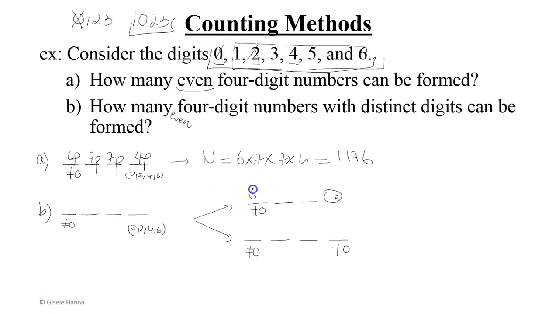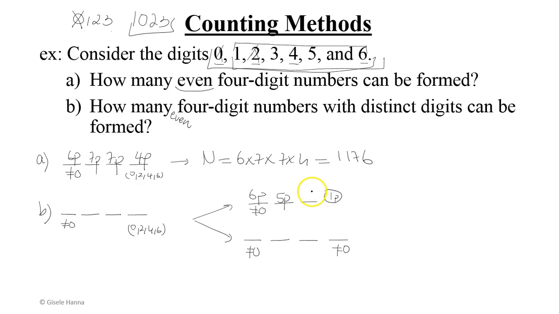All other 6 possibilities are available for the first digit. Now for the second digit, since I have already chosen 0 and another one for the first digit, these two are no longer available because repetition is not allowed. In that case, I would have 5 possibilities left for the second digit.